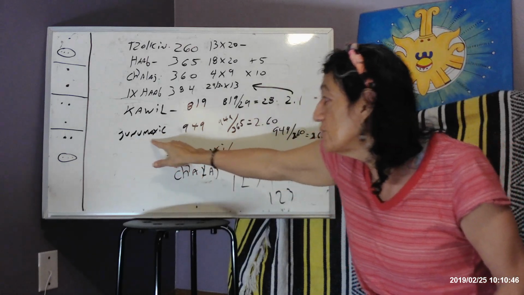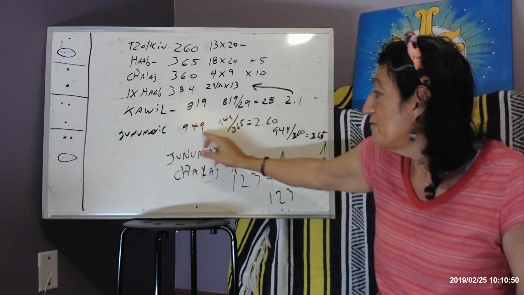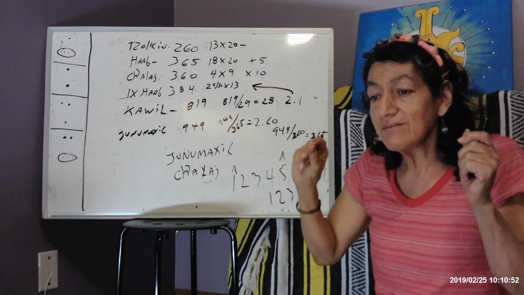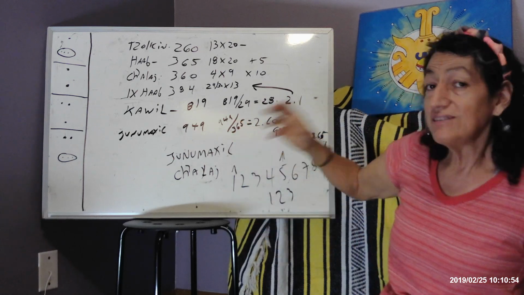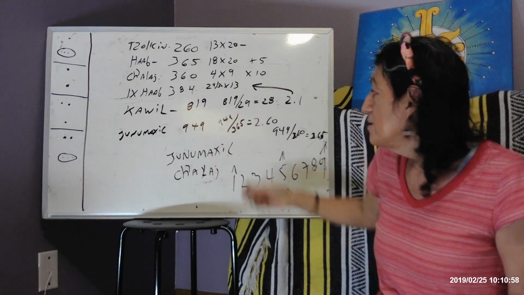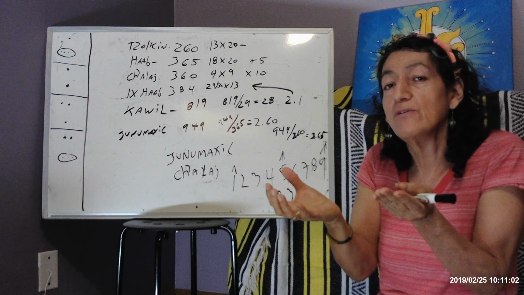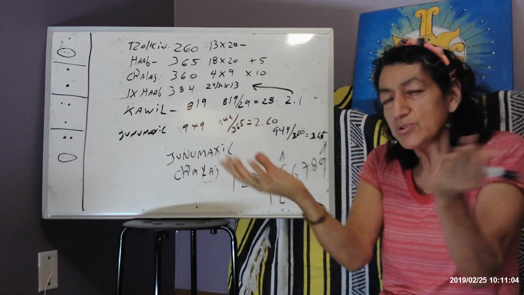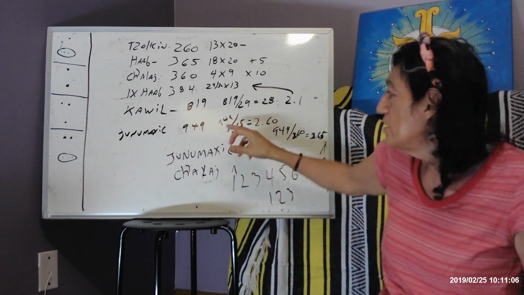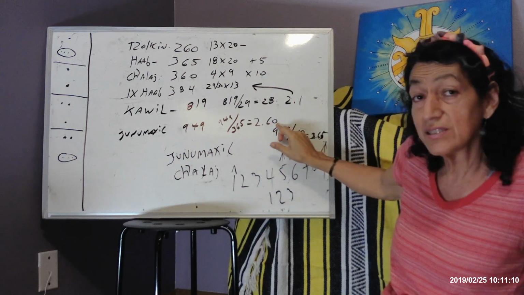And then finally we got the Junumachika. The Junumachika is 949. 949 is amazing because it tells us the Maya understood fractions, because this is a perfect combination of different counts. That's what this means, the togetherness of all these big counts. 949 divided by 365 gives you 2.60.